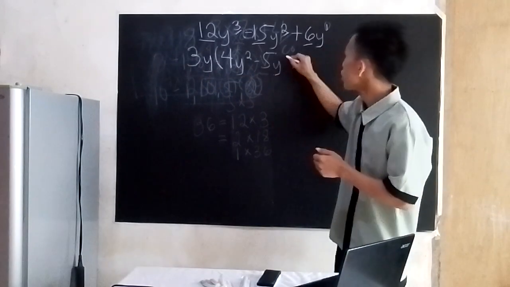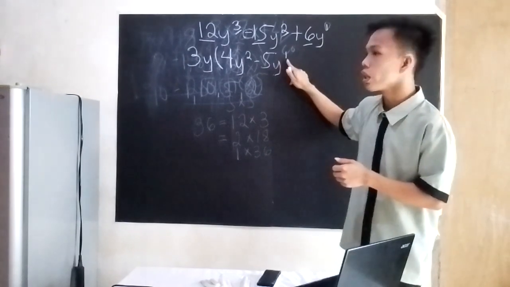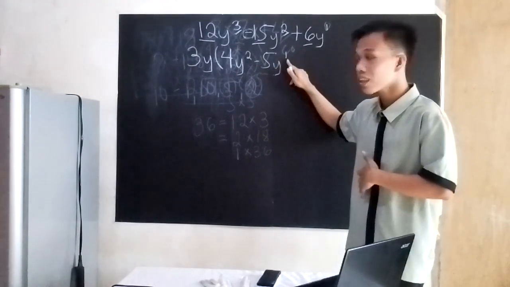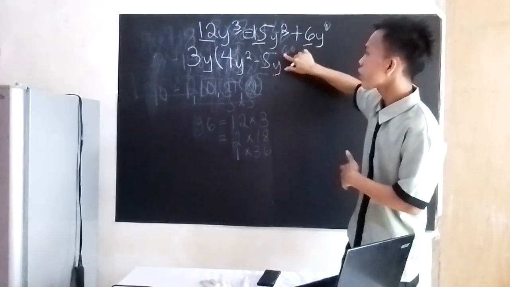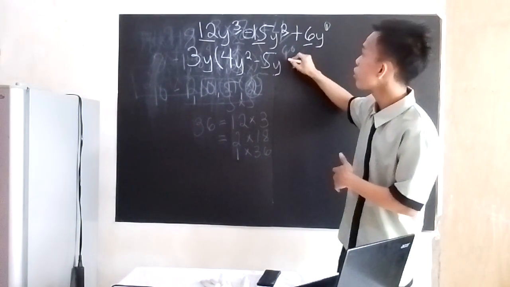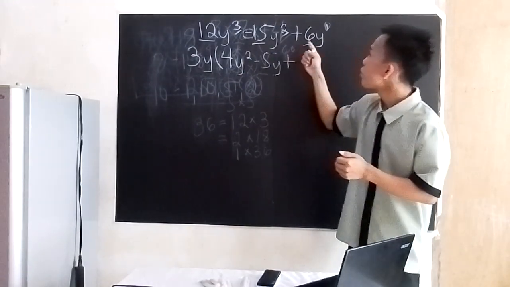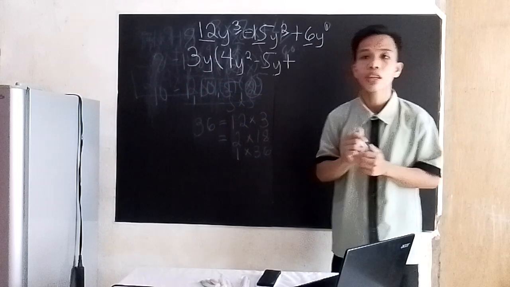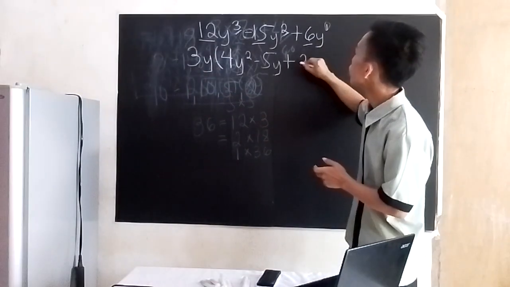So 1, that's right. Since it has an exponent of 1, we are not going to put 1 in here. Plus, so copy the sign. So what is 6 divided by 3? That's right, so that will be 2.